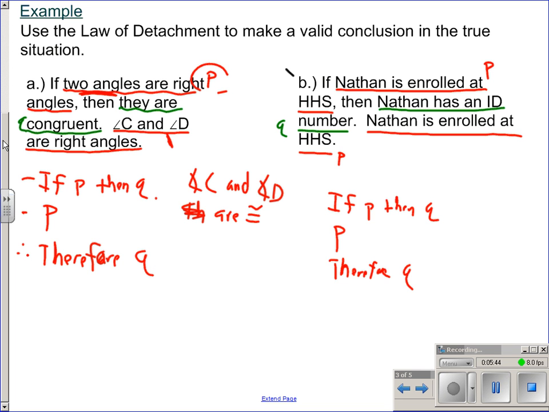Nathan is enrolled at Heartland High School. The valid conclusion, therefore, is Nathan has an ID number. That's the law of detachment. Second video, we will do the chain rule.